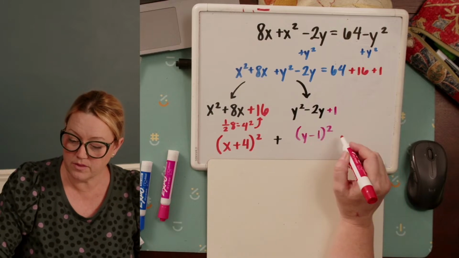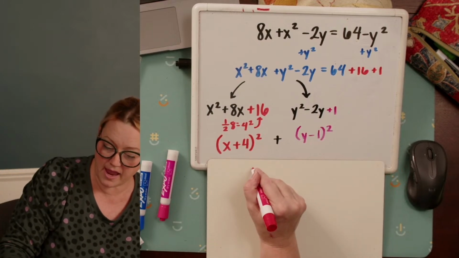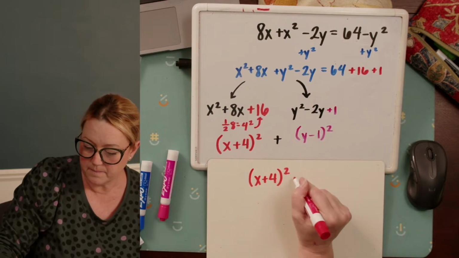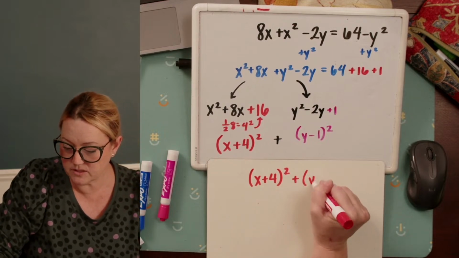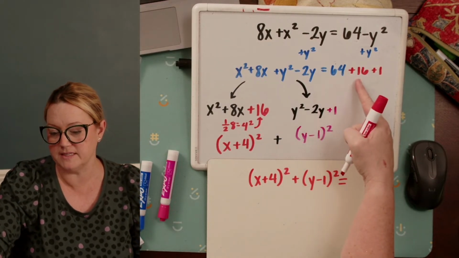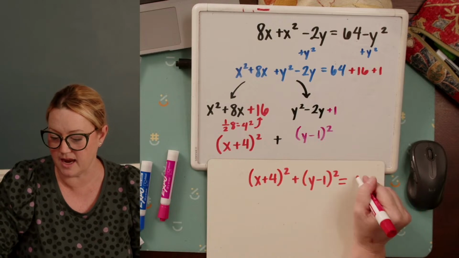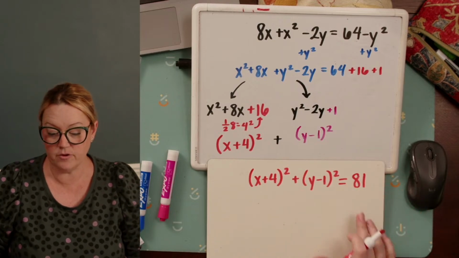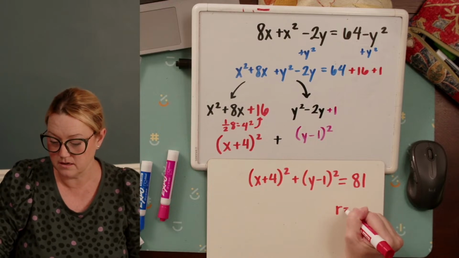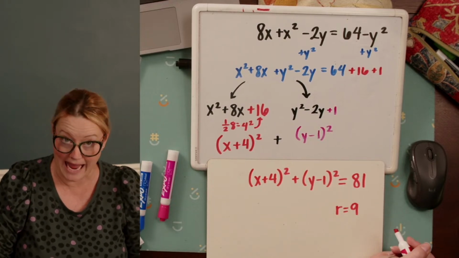Okay, so I've got x plus 4 squared plus y minus 1 squared equals 64 plus 16 plus 1, that is 81. And that would be my r squared, right? So my radius is 9.